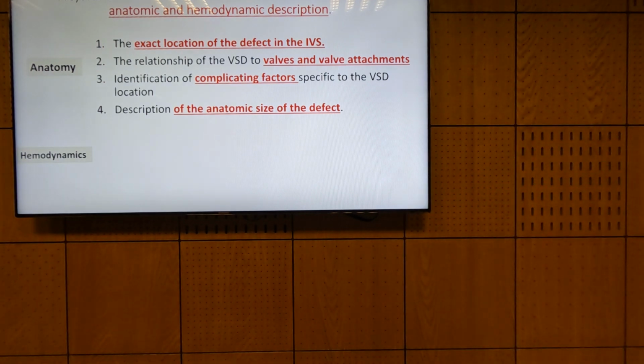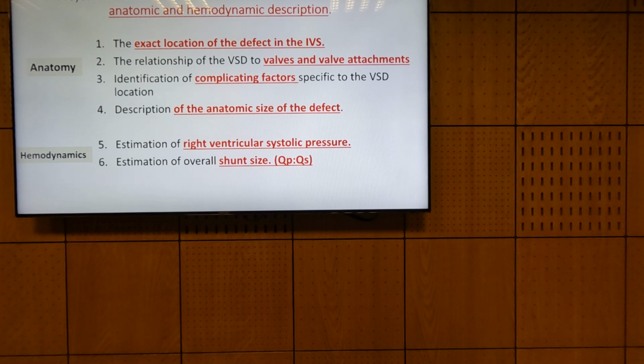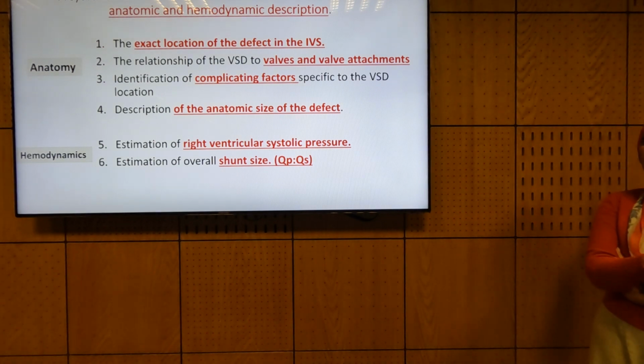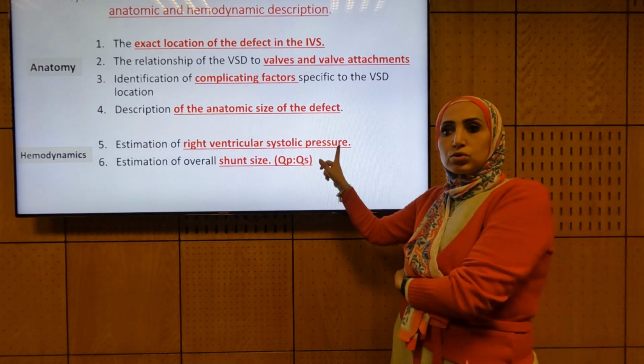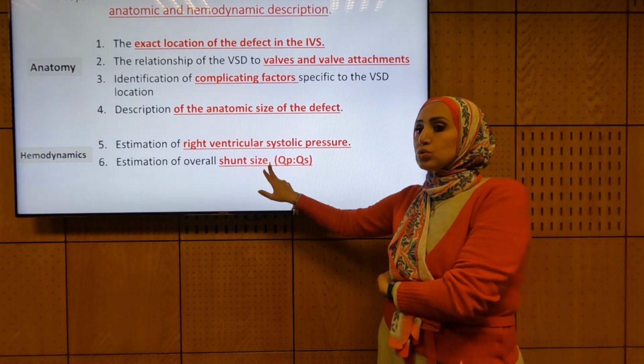And the hemodynamic component depends on the magnitude of the shunt, and the sequelae of having this magnitude of shunt. It is a left to right shunt, so the lung will be overflooded. As a consequence, the right ventricular systolic pressure will be increased. So we have to mention how to estimate the right ventricular systolic pressure and the magnitude of the shunt.